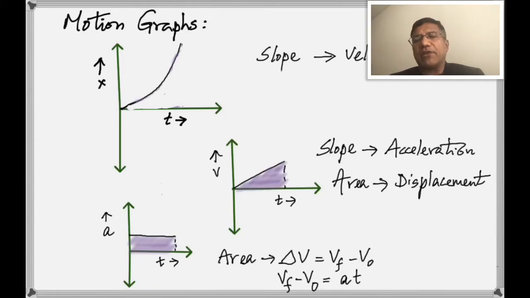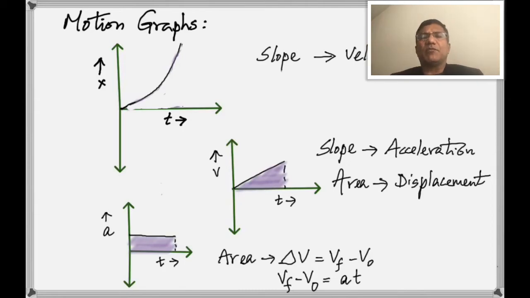Because the area is given by A times T, because it's a rectangle. And we know there is an equation that says Vf minus V naught is AT, which means that AT is equal to the change in velocity. So those are some important things about motion graphs.